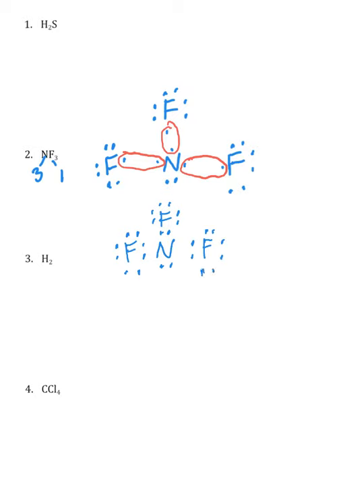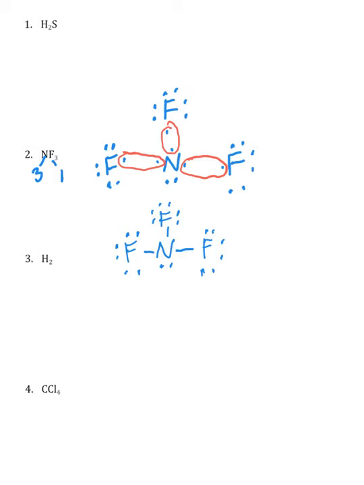Okay, and if I count everything up, I should find that all of those atoms have 8 electrons, which is what they want. So I am good to erase these shared electron pairs and replace them with a bond. So there is my finished formula.